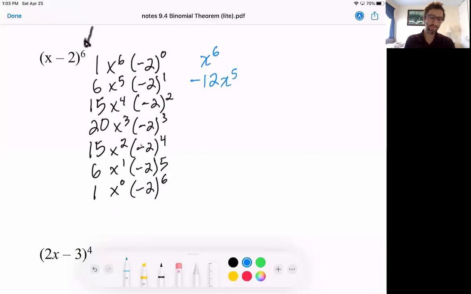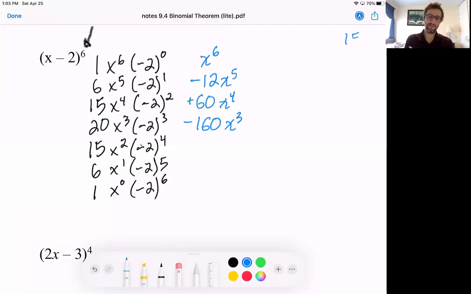Next we have 15 times positive 4, so that's positive 60, x to the 4th. And next we have 20 times negative 8, which is negative 160, x cubed. Next we have 15 times negative 2 to the 4th, which is 16.